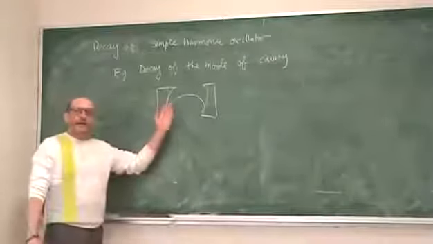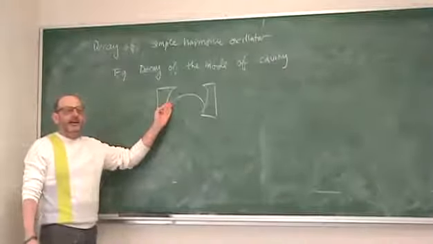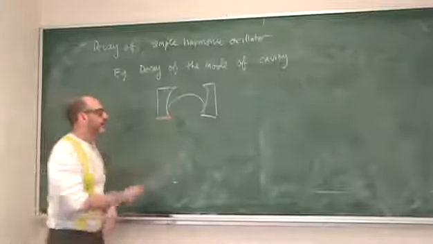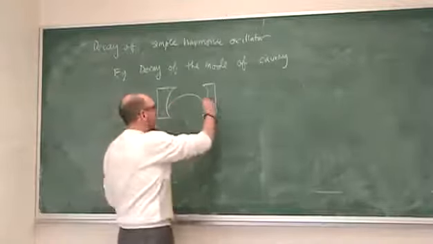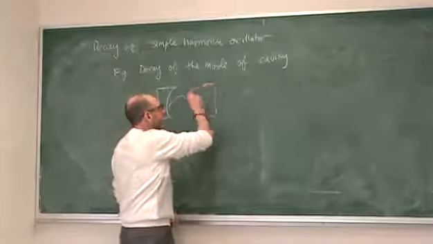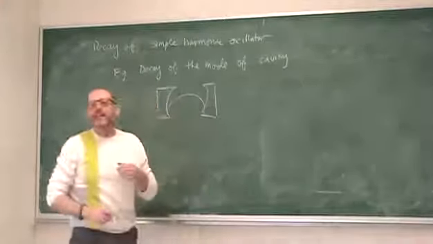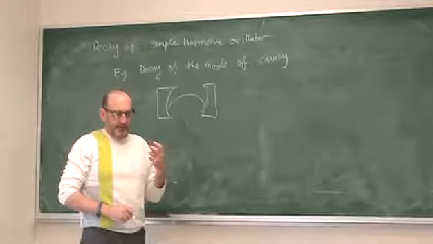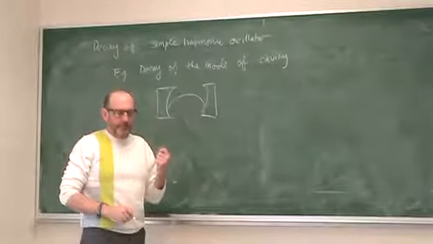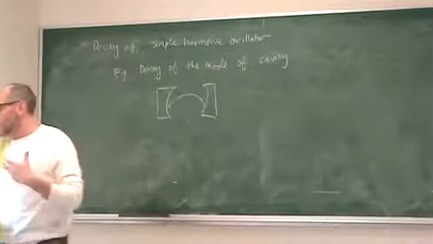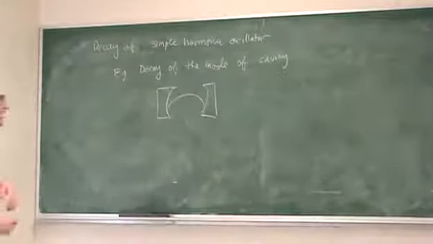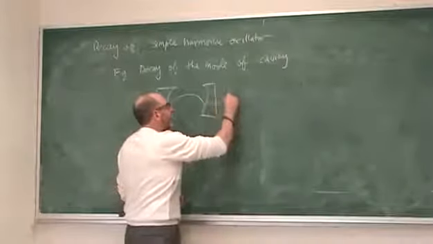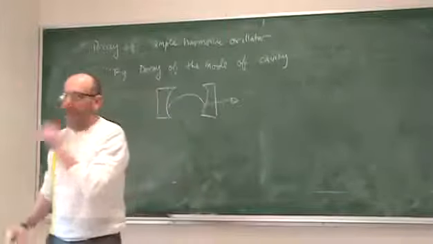Of course, this is not infinite lifetime inside the cavity. In particular, one of the things that can happen is that even if these mirrors were perfectly passive, they had no gain or loss in them, there's only a finite reflectivity and the photon can leak out of the cavity.